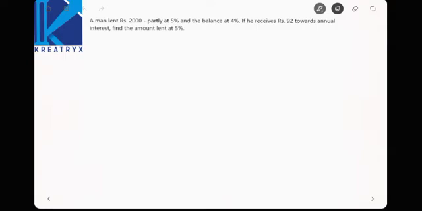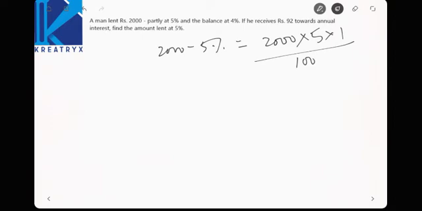Now let us find, if the total amount is given at 5% interest rate, if 2000 is given at 5%, what simple interest will we get? PTR by 100, 2000 into 5 into 1 by 100, and that will lead to how much? 100 rupees. If this 2000 entirely is given at 4% interest rate, then what will be your return? Simply calculate like this, PTR by 100, you'll get 80.